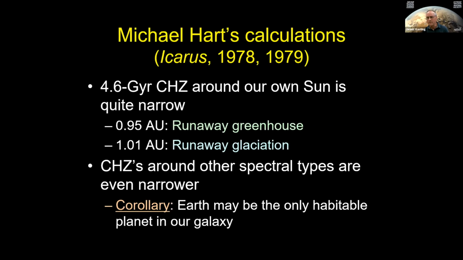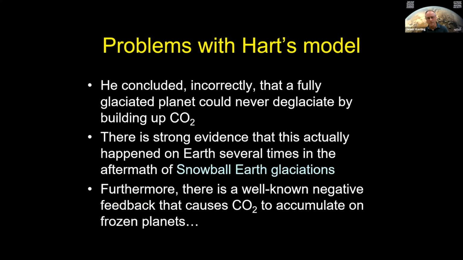So the pessimists out there, and there are pessimists amongst astronomers as well as in other areas of life, picked up on this, and you can still find in some older astronomy textbooks that Earth may be the only habitable planet in our galaxy based on these types of calculations. I was dismayed by this because I was in graduate school. I was a big fan of Carl Sagan, and Sagan, of course, thought that life was widespread in the universe, and even intelligent life might be widespread.